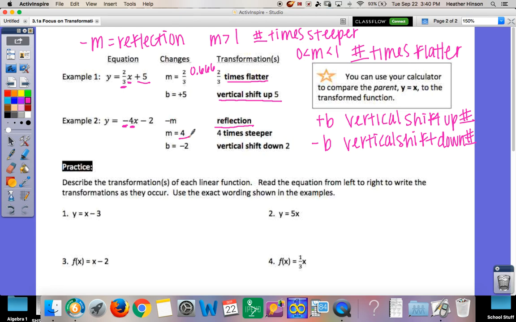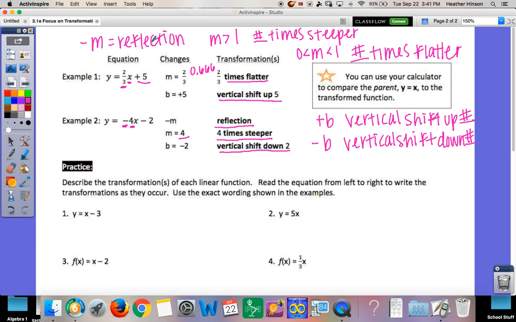The 4 is greater than 1, so it's 4 times steeper. And your b, the number out there by itself, that's your y-intercept, -2. Because it's negative, we're going to vertical shift down. So we write vertical shift down just 2. We don't put the negative on it. The down takes care of the negative.